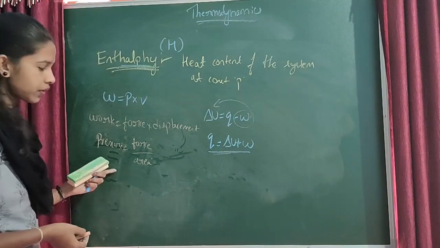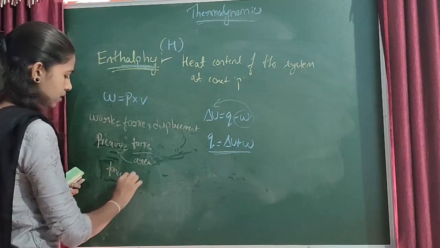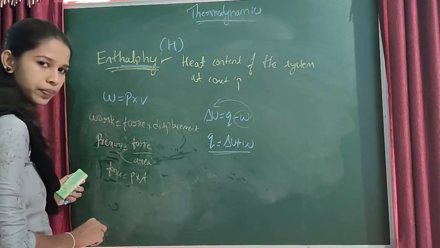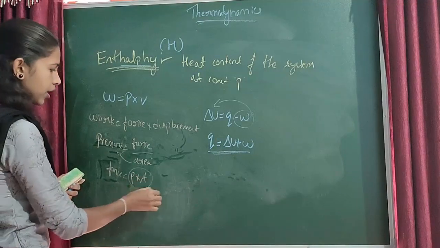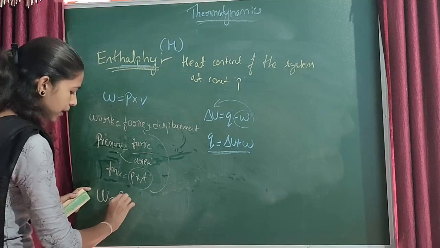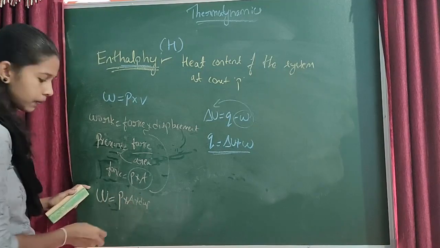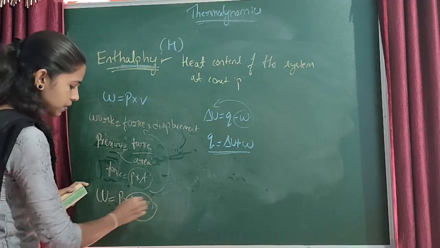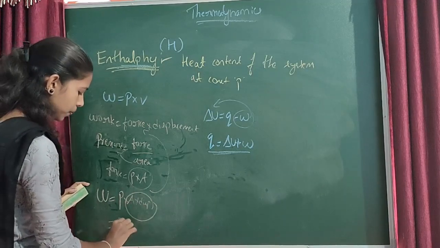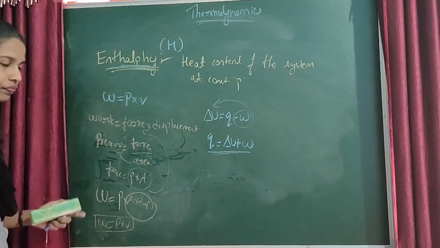Now, cross multiplying, force is equal to pressure into area. Substitute this in the place of force. What will we get? W is equal to pressure into area into displacement. Here area into displacement is nothing but volume. So W is equal to pressure into volume.